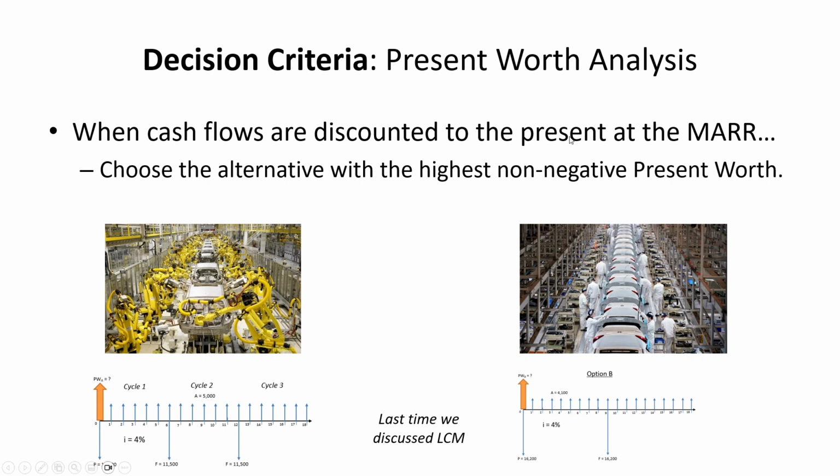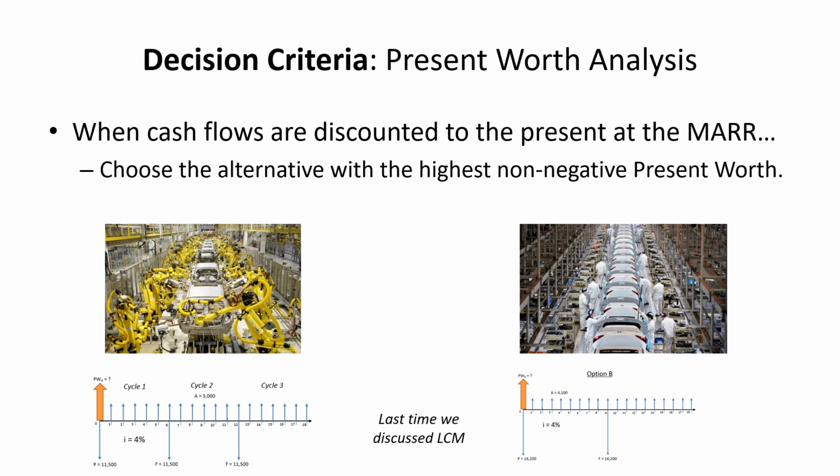So you discount the cash flow diagrams to the present at the MAR. This is another term that was used last time. Does anybody remember what that abbreviation stands for? Minimum acceptable rate of return. Good. Yeah, minimum acceptable rate of return, sometimes also called minimum attractive rate of return. Oftentimes it's the same as your borrowing cost.